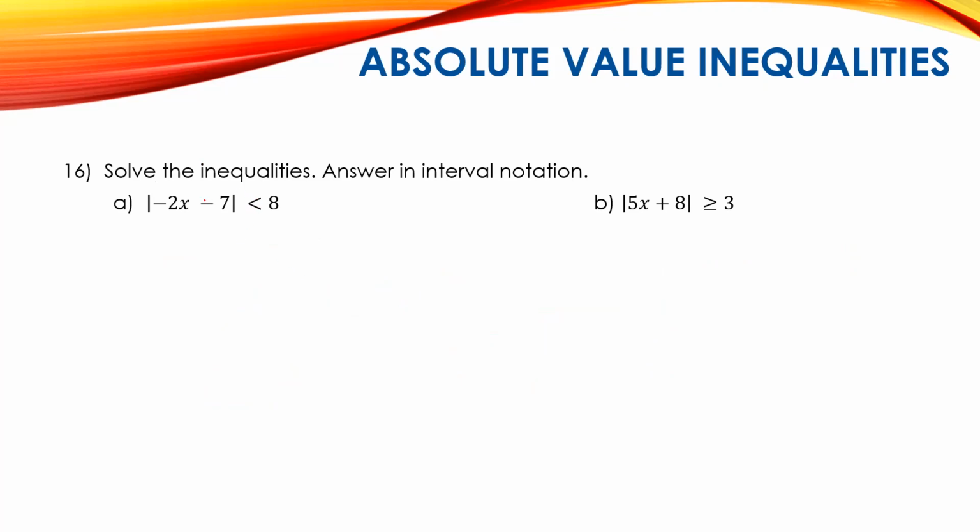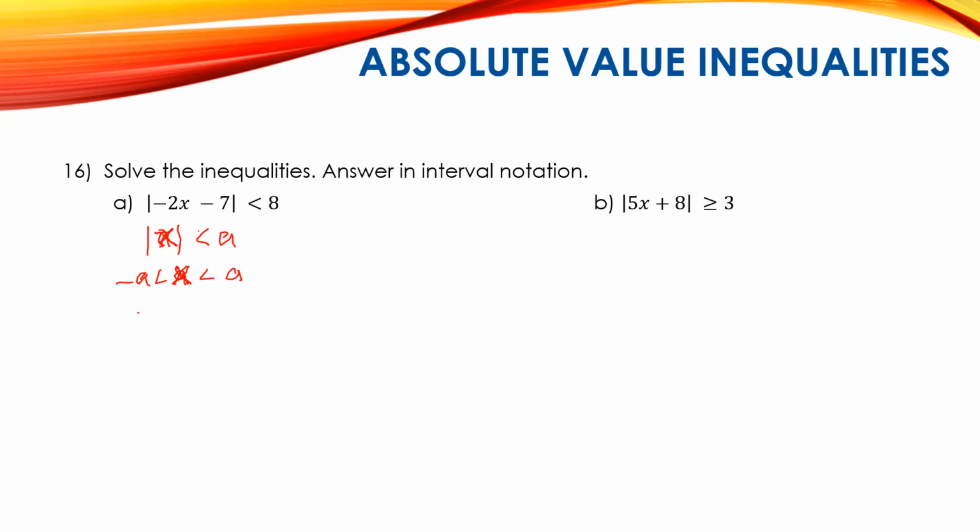And this one is an inequality. If you have the absolute value of x less than a, you can write it as x is between negative a and positive a.